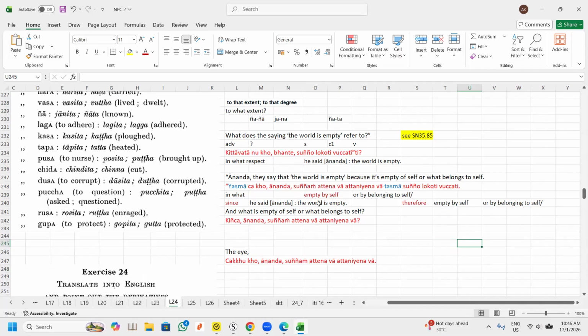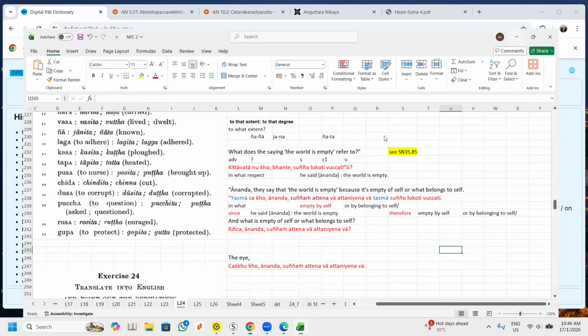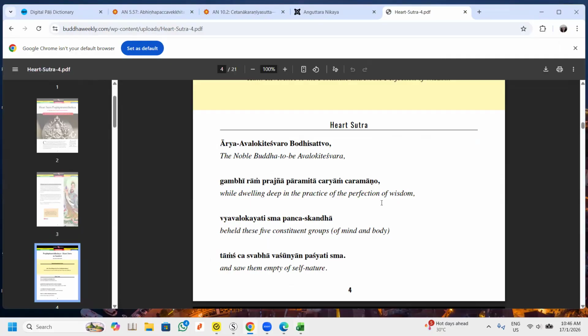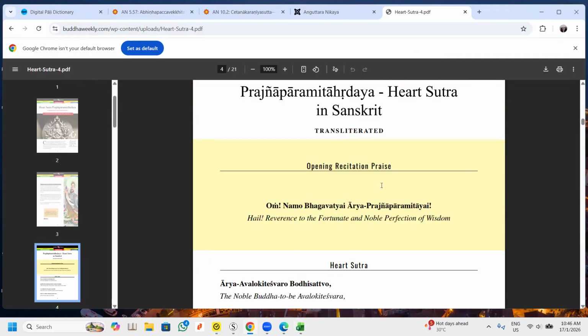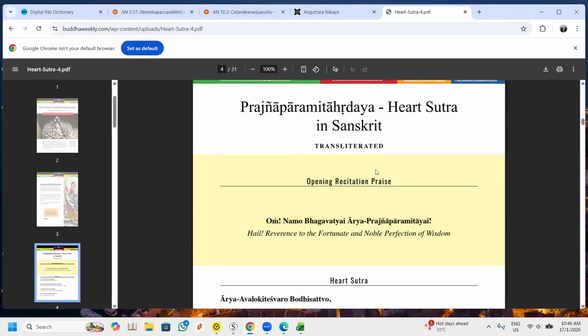Now I'm going to show you the Heart Sutra of the Mahayana. Okay, this is the Heart Sutra.